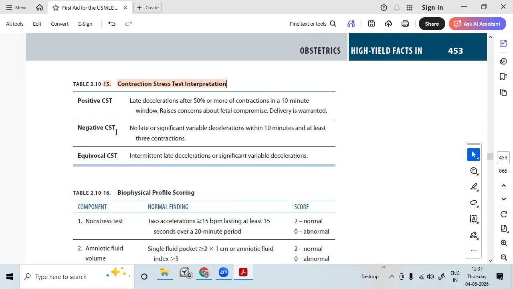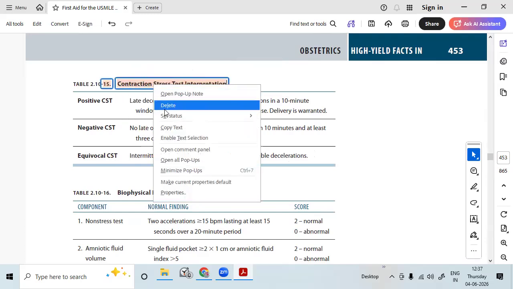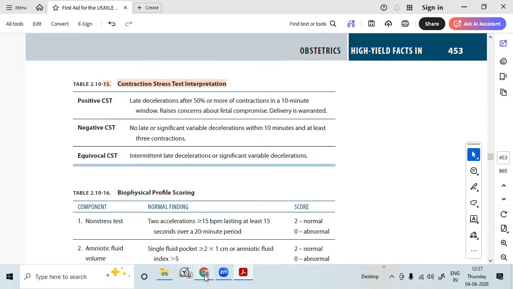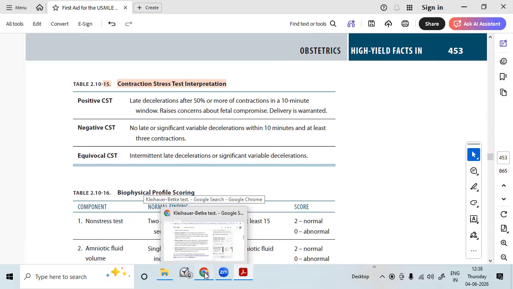Negative contraction stress test: no late or significant variable deceleration within 10 minutes and at least 3 contractions. Intermittent late or significant variable deceleration. This needs to be clear. What exactly is contraction stress test interpretation?